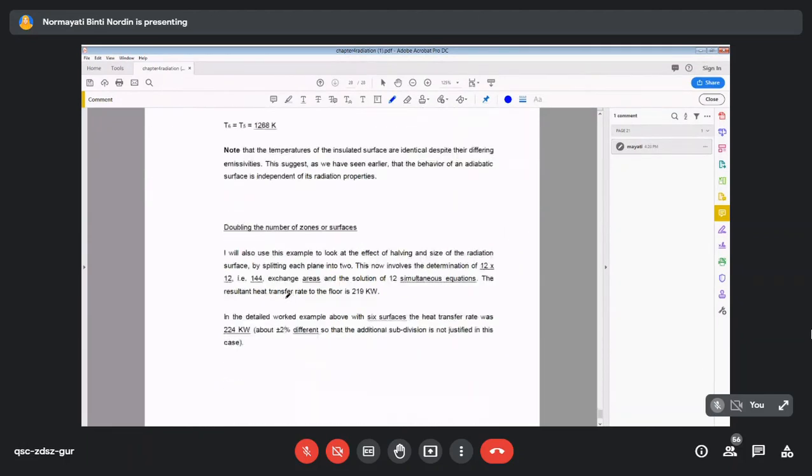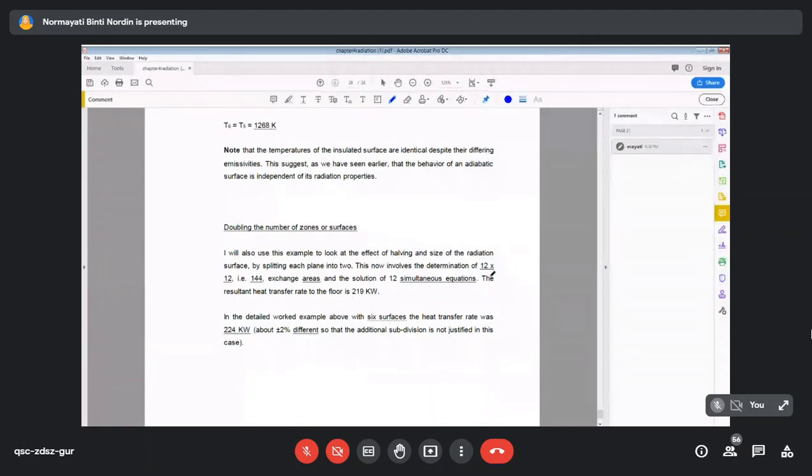Okay, ini juga pemerhatian yang telah dibuat. Okay, tadi kita split kepada 6 zon, dah cukup panjang dia punya solution. Okay, ada juga usaha turut dibuat dengan kita splitkan zon kepada 12 zon.